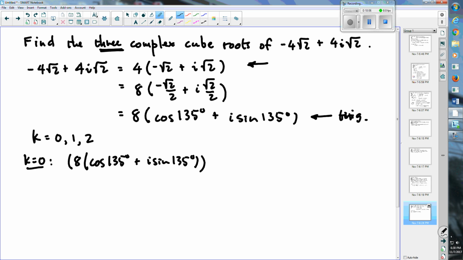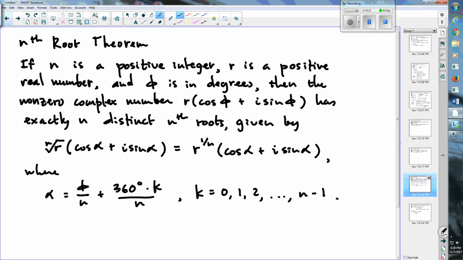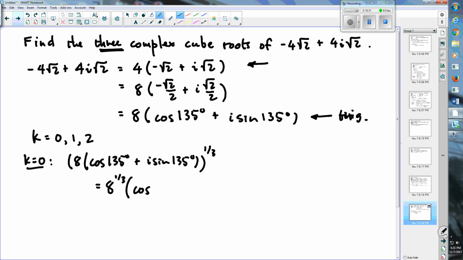Notice we want cube roots, which we're going to write as the 1/3 power. Now, equals, DeMoivre's theorem, when we apply this, will be 8 to the 1/3 power times the cosine. Looking back at the theorem we're going to work with, the angle is alpha equals phi over n plus 360k divided by n, and so forth.